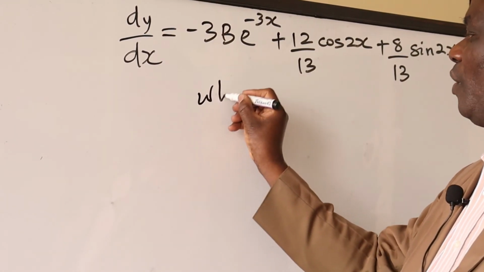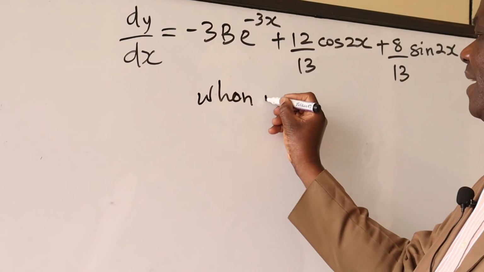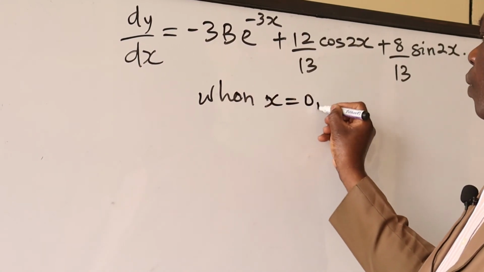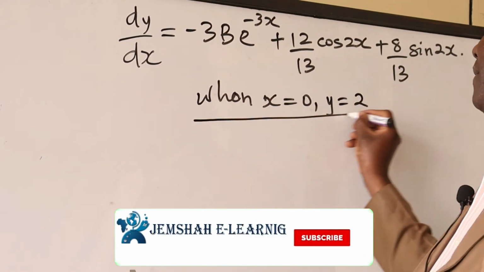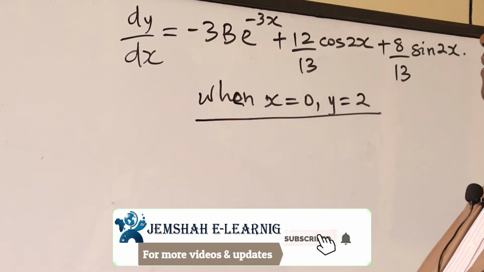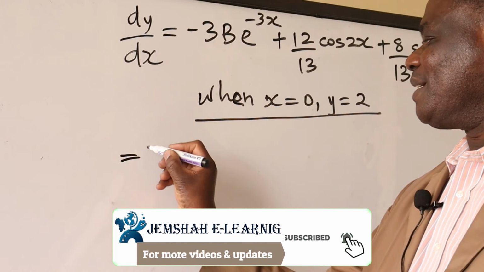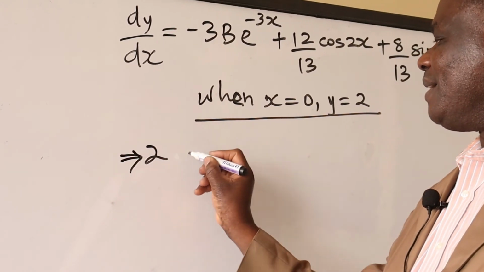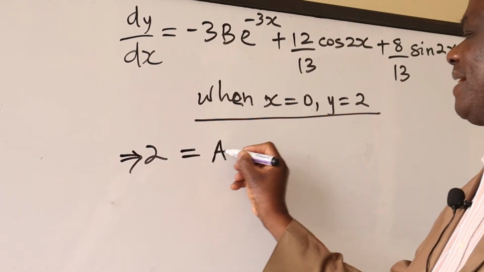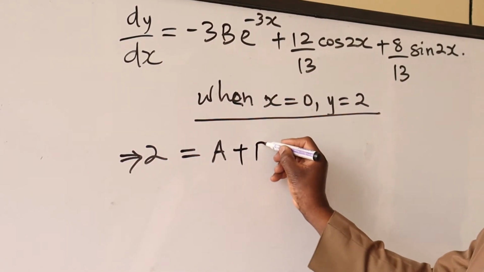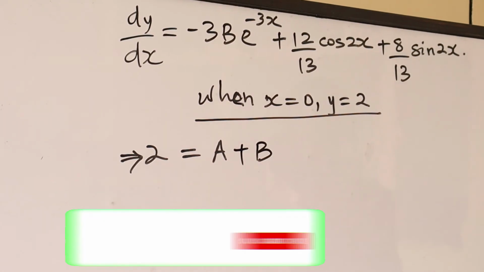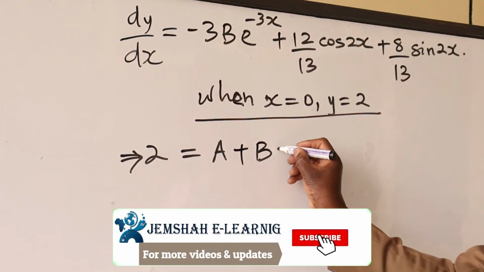So we say when x is equal to 0, y is equal to 2. So this implies 2 is equal to a plus b, when x is 0, minus 4 over 13.